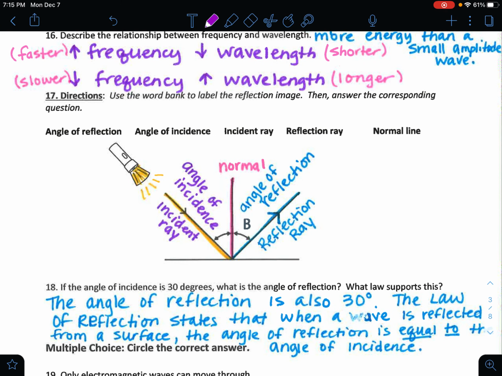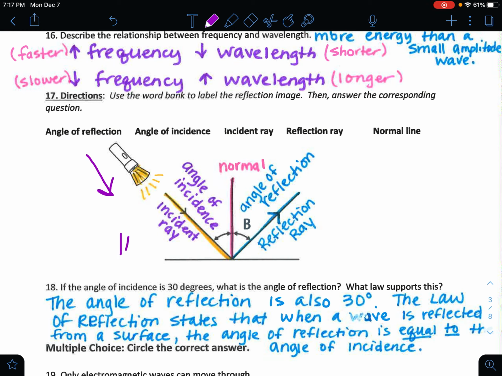Okay. All right, so here is the law of reflection with the angle of incident and the reflected ray. So make sure that you are able to reproduce this, or be able to identify the parts of a wave like this. All right, so we have our incoming light source coming in.